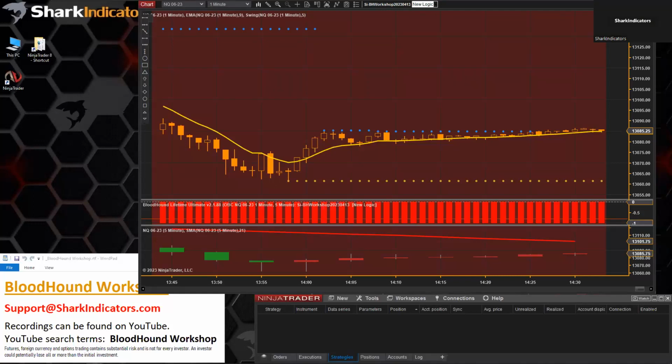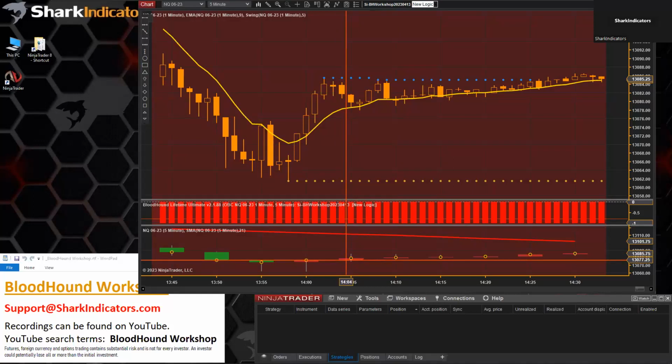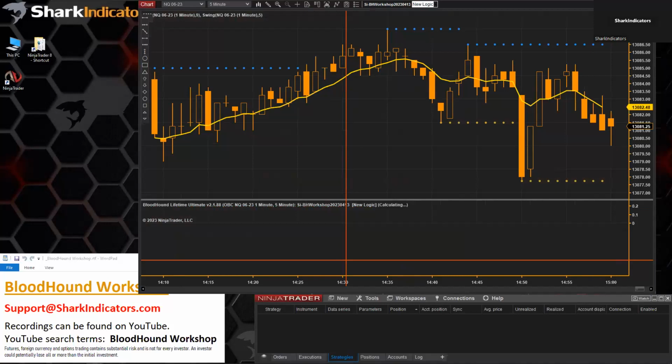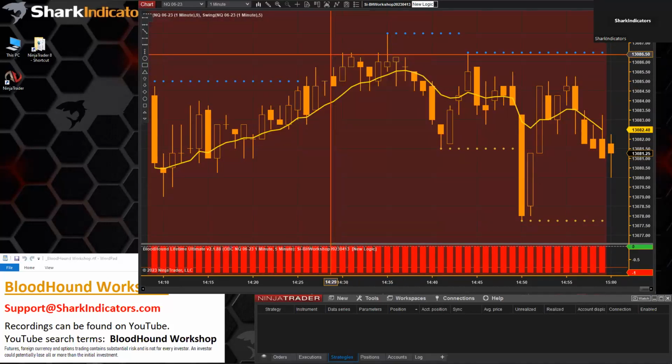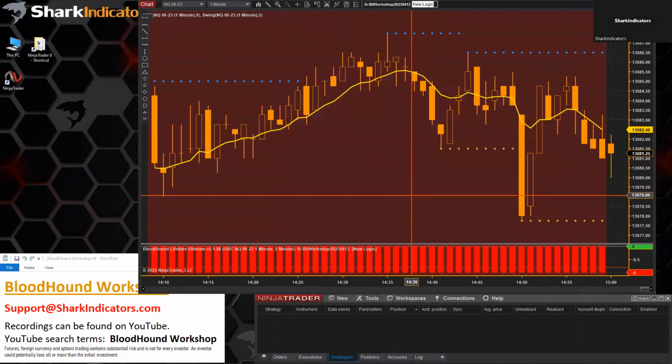Yeah, adding this secondary time frame just killed this chart. I'm going to remove that and see if that helps. Okay, good. That removed the SMA as well.